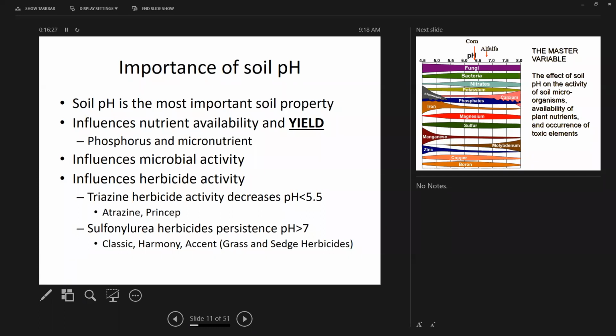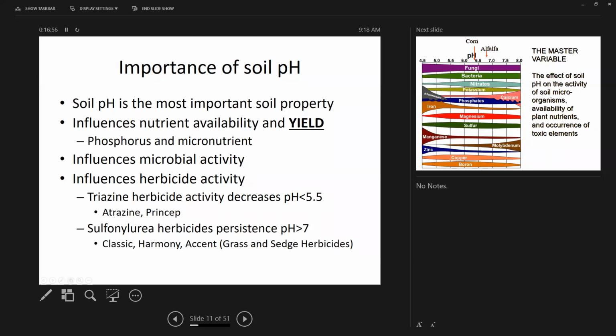If I was told I could analyze one component of a soil test, it'd be pH, buffer pH, phosphorus, potassium, magnesium, zinc, organic matter. If I could only pick one of those, the first thing I would pick would be pH, because that influences the nutrient availability and yield.